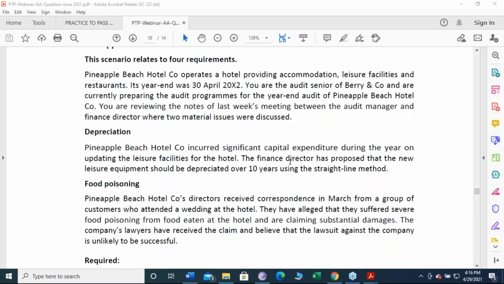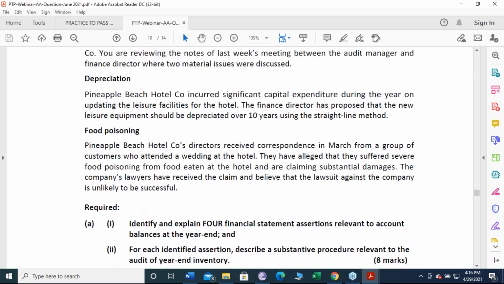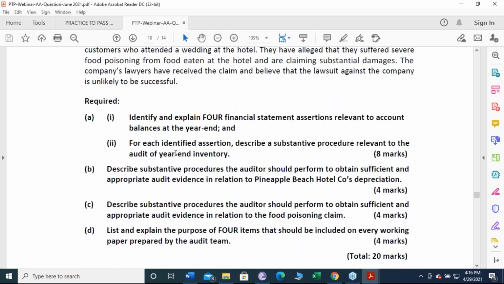Okay, let's continue with the questions. Another question is called Pineapple Beach Hotel. Let's straight away go to the requirement. Identify and explain 4 financial statement assertions relevant to account balances at the year end.